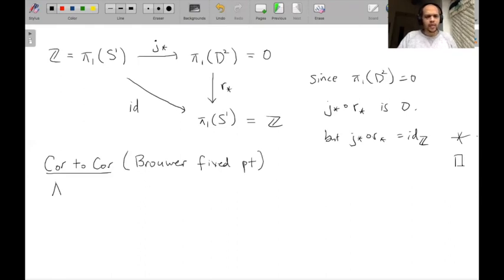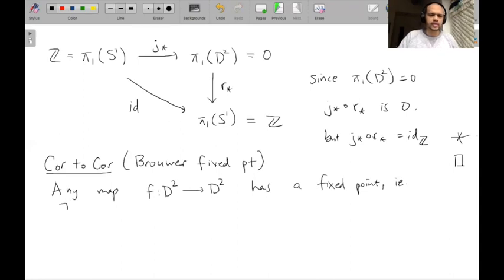It says that any map from the disk to itself has a fixed point, which is to say there exists an x so that f of x is x.